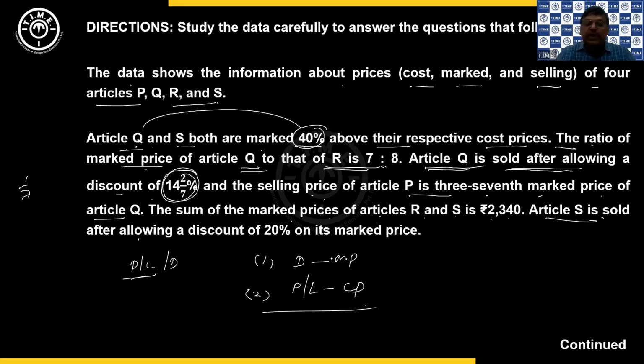So now students, when I say there is a discount of 14.2 by 7%, or 14.28%, it's nothing but 1 by 7. If you want, you can see 714 is 98 plus 2. 14.2 by 7 means, don't do this, that's a criminal waste of time. 714 is 98 plus 2, 100 by 7%. Percentage means nothing but 100. You cancel it, you'll get 1 by 7.